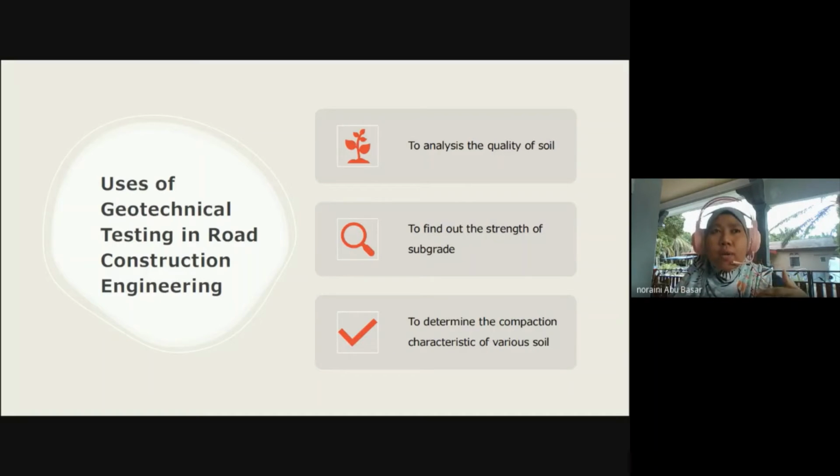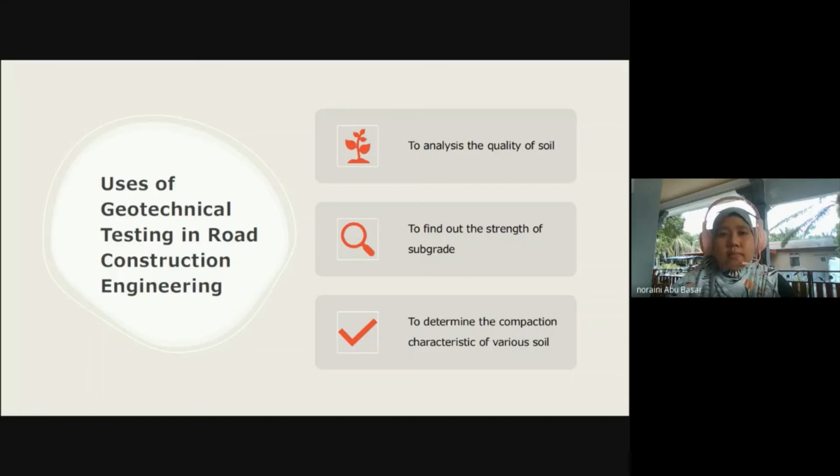When we want to build the road, we have to know which vehicle will use it, either a lorry or a bus. So we have to know what material is suitable and test that load for the method being used in the construction of the road.